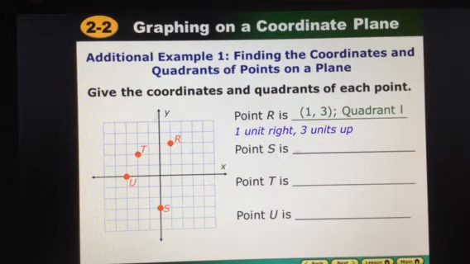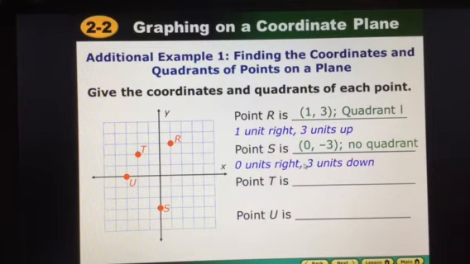Point S is not in a quadrant because it lies on the y-axis. If it lies on an x or y-axis or on the origin, it is not considered to be in a quadrant. So point S, the x-coordinate, we go back to the x-axis and we're at 0. The y-coordinate, we go down 3 on the y-axis, so it's at negative 3.